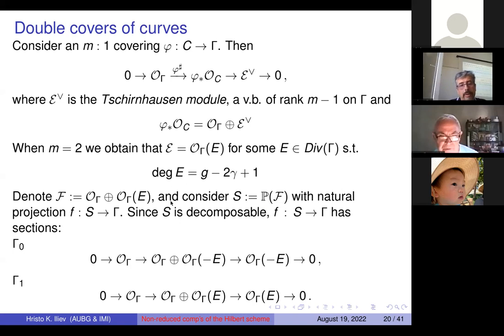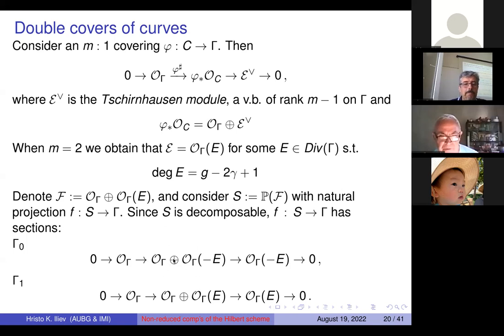So the idea is to look for our curves on cones. And in particular, if one starts with such a double covering, then one can look at the rank 2 vector bundle O gamma plus O gamma of E, where E is a divisor of this degree on the base curve gamma. Then the projectivization of this vector bundle will be the so-called root surface that I denote here by S. And such a root surface S has two canonically determined sections.